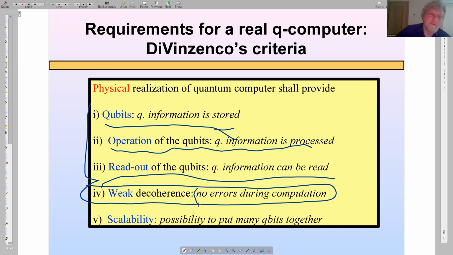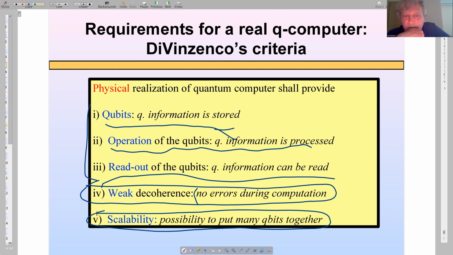Another less obvious criterion is scalability, which in this context, let's not go into details, is about providing the possibility to put many qubits working together. Otherwise, one qubit is interesting as a physical system, but it would never provide us real applications where quantum computations become better than classical ones.